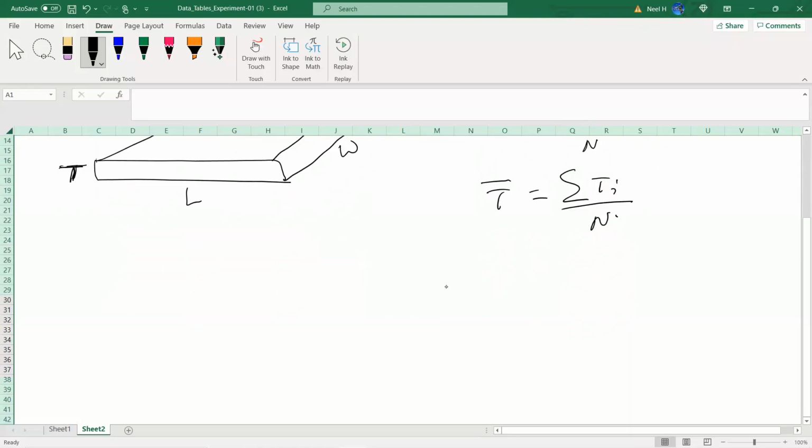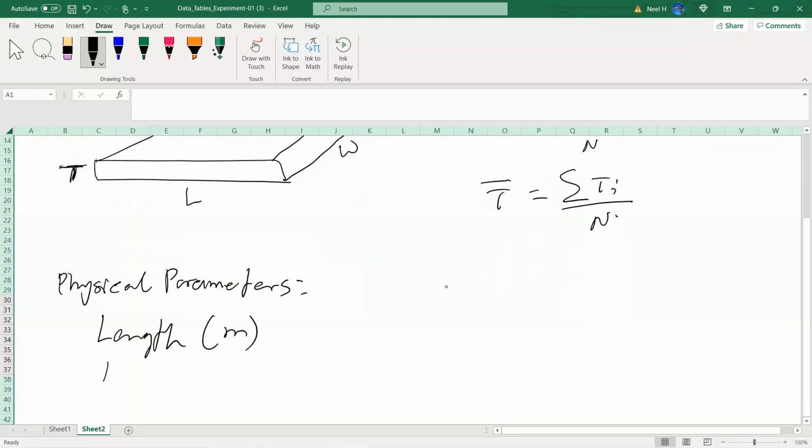So those 3 types are length measurements in the unit meters, mass measurements, most of the time in the unit kilogram, and time measurements in the unit second. There are other units we don't need during this class. We need only those physical parameters.